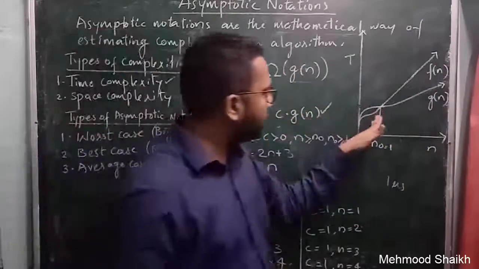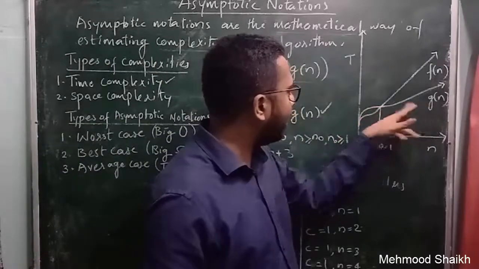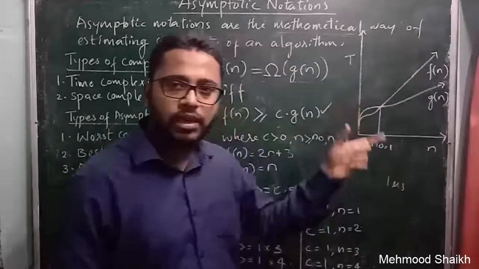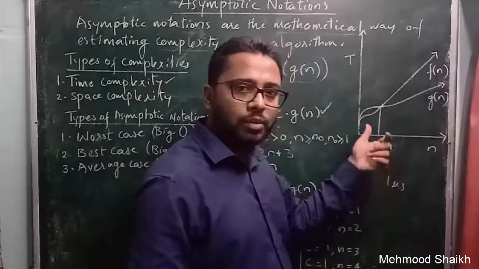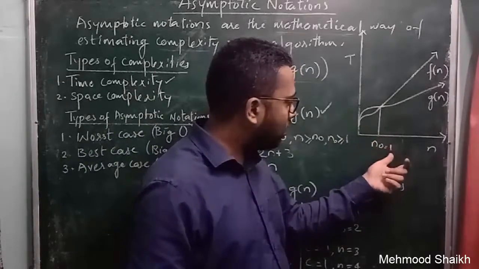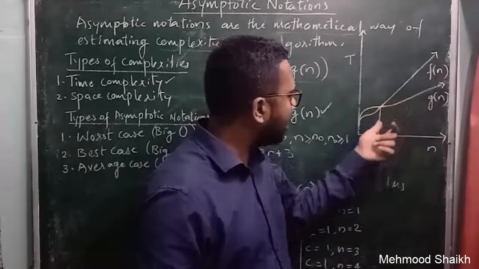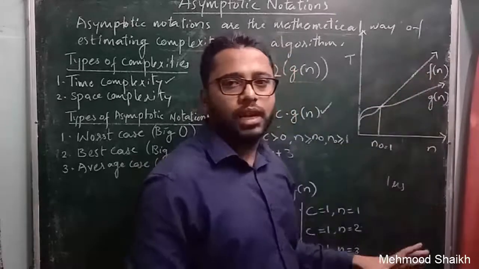In this graph, at the beginning stages the function g of n was above the function f of n, but when the algorithm crosses a certain input, represented by this n naught, when the input size equals 1 or greater than 1, you will start noticing that function g of n starts coming below the function f of n.